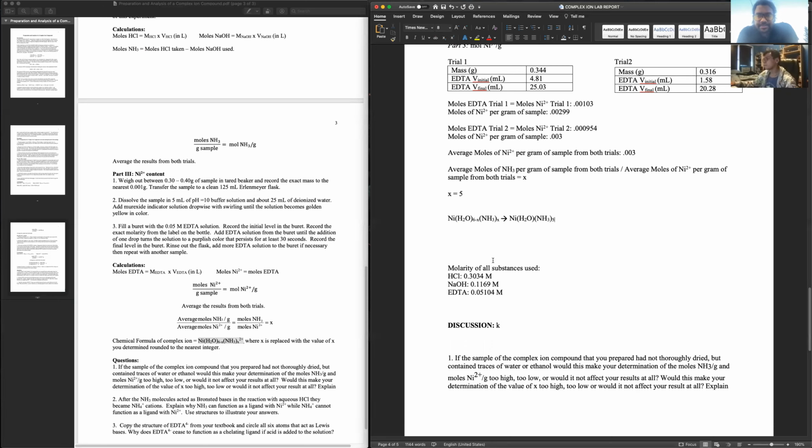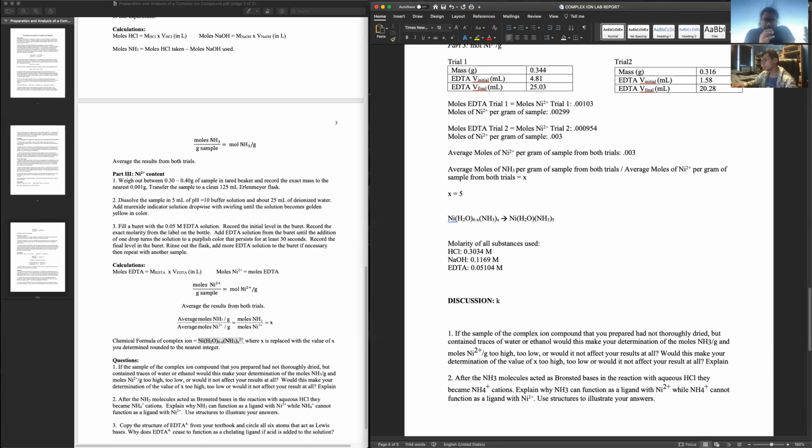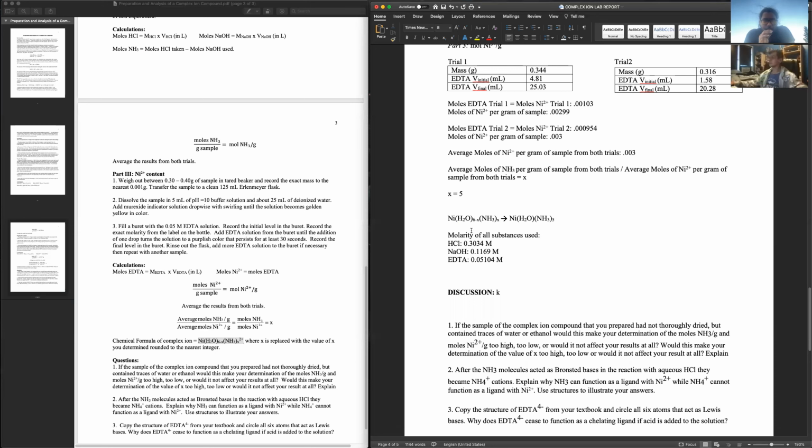So that should be the formula. Formula of complex ion. Chemical formula, yeah. Got it. Nice.